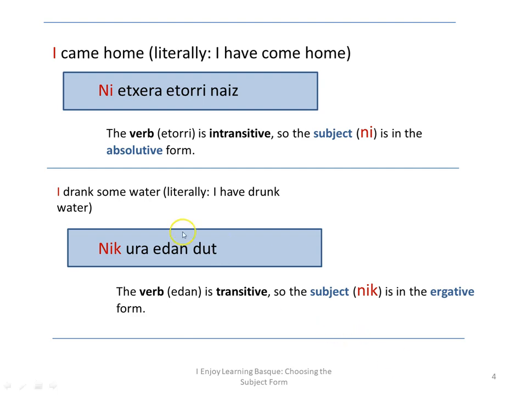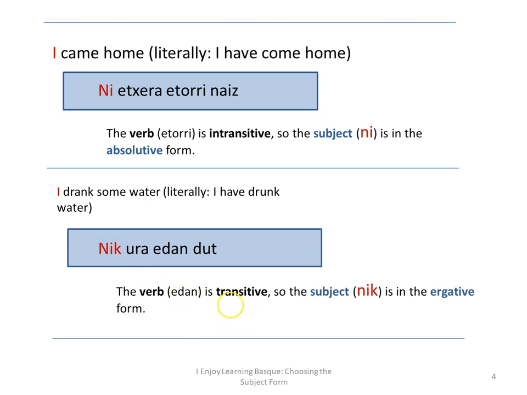Nik, I; ura, water or some water; edan dut, I have drunk. So nik ura edan dut. We see that in the first sentence the subject was ni, and in the second sentence the subject is nik.